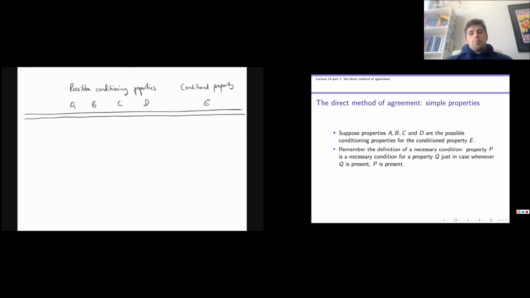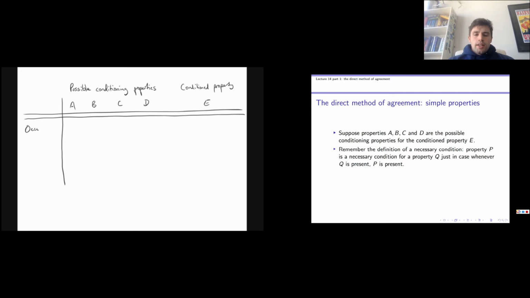Now, remember the definition of a necessary condition. Last time we said that a property P is a necessary condition for a property Q just in case whenever Q is present, P is present. So using this definition and the table, we can deduce some information. Suppose we record a series of observations as an occurrence in the table, and we do so like this.